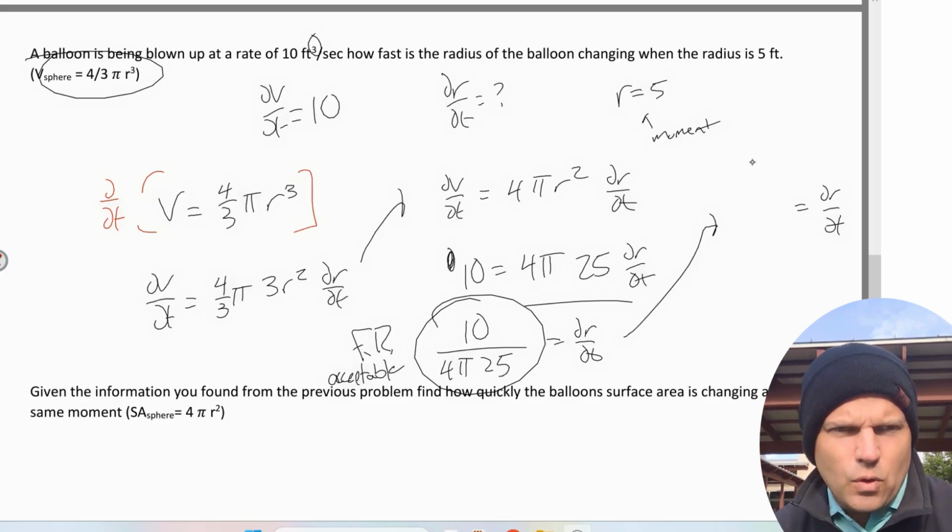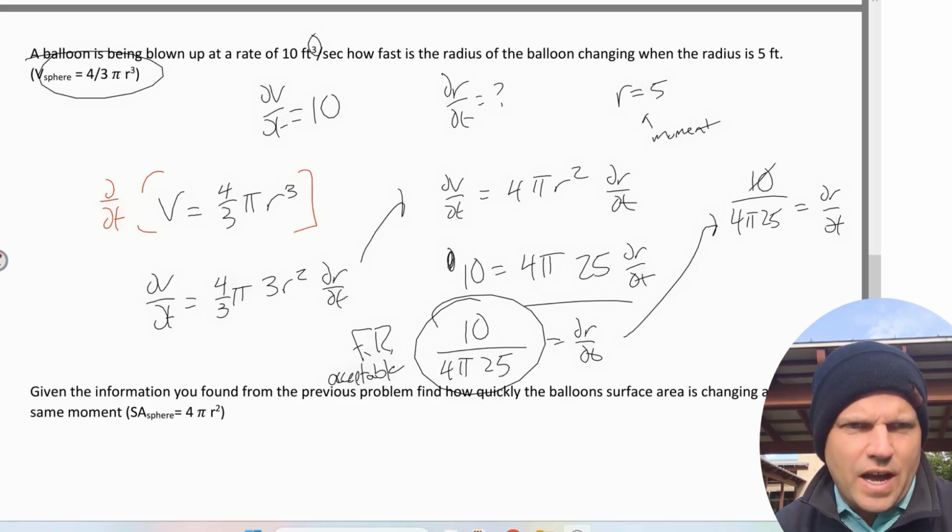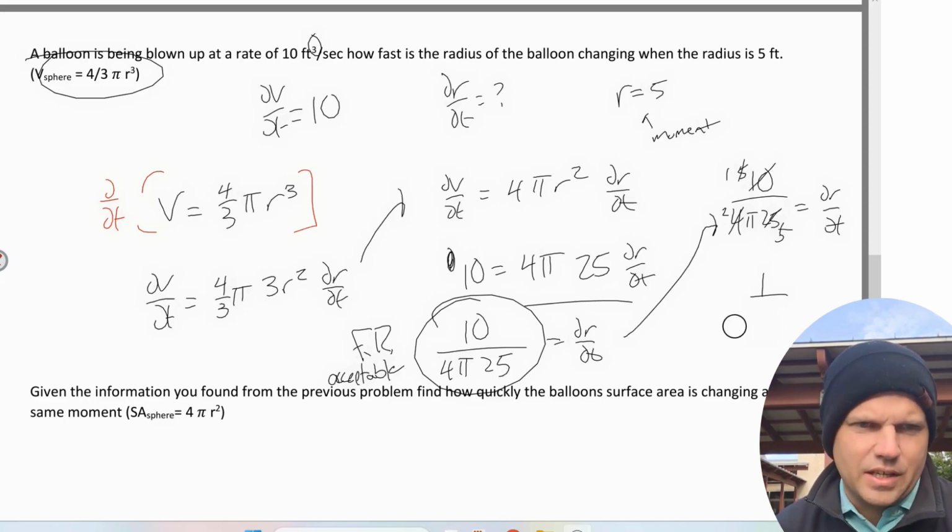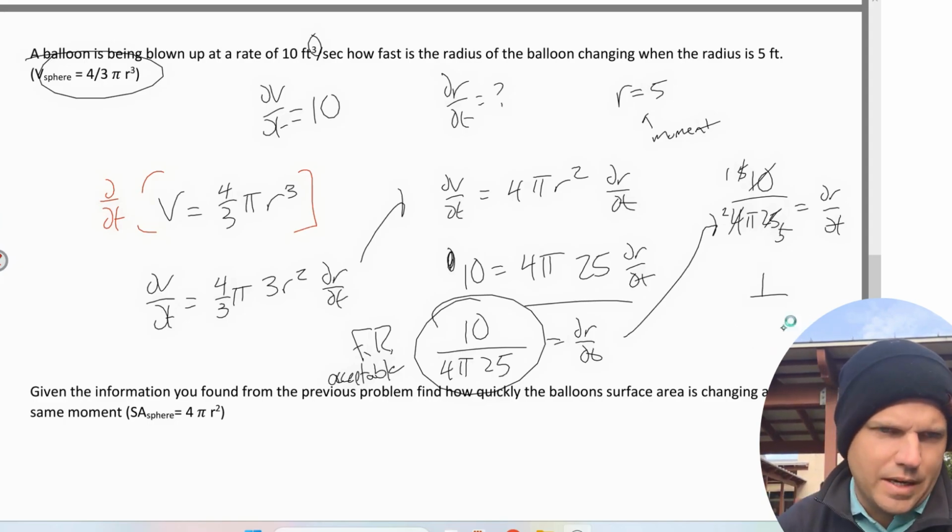Maybe for multiple choice, you will want to simplify this. Some things you could do is divide the top and bottom by 2. Divide the top and bottom by 5. And you get 1/10 pi, which is honestly what you would have gotten if you just did 10/100 pi.